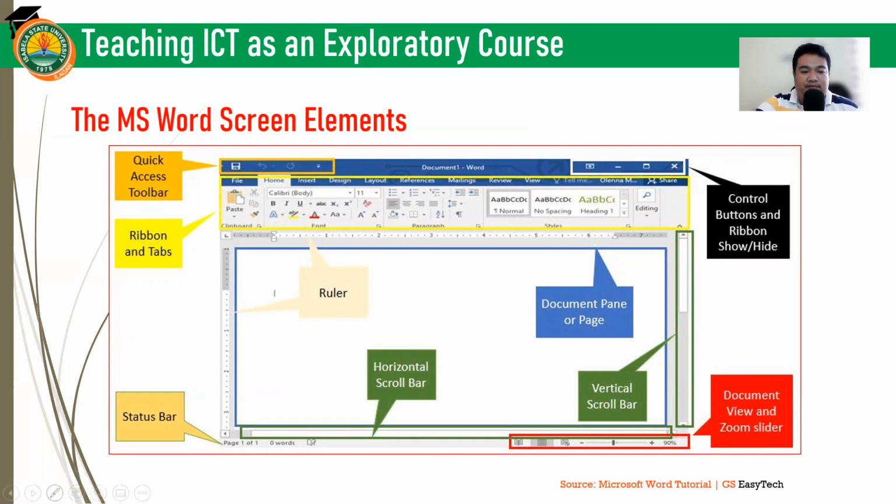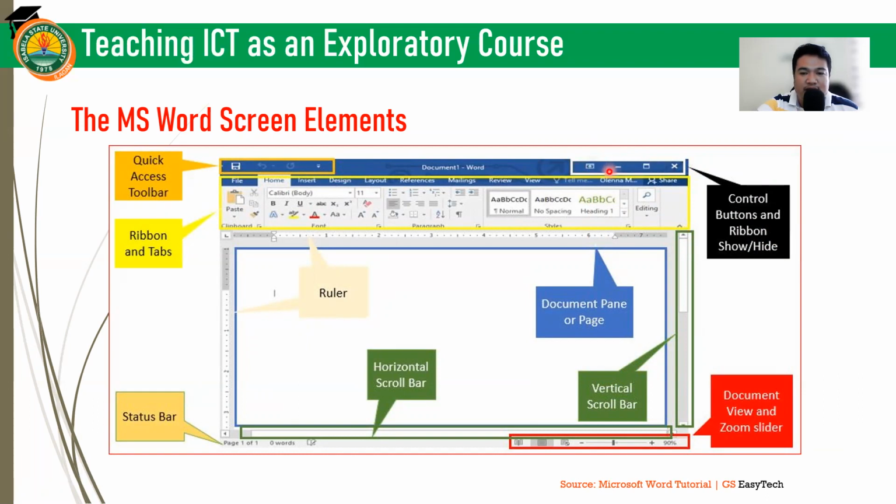On the top area, the upper left part of the window is called the quick access toolbar. And this part is the ribbon and tabs. We also have the control buttons and the ribbon show/hide button, which is an added button on this part.